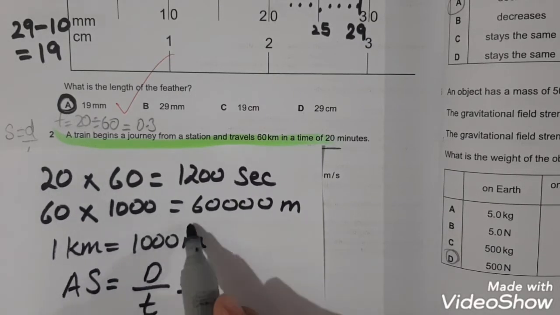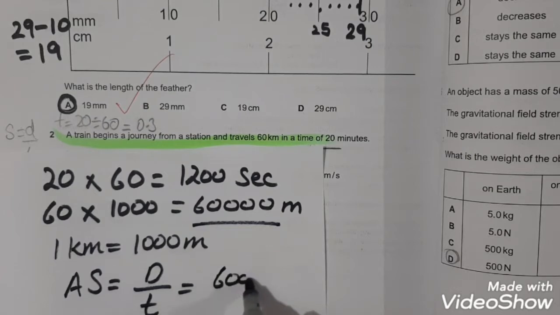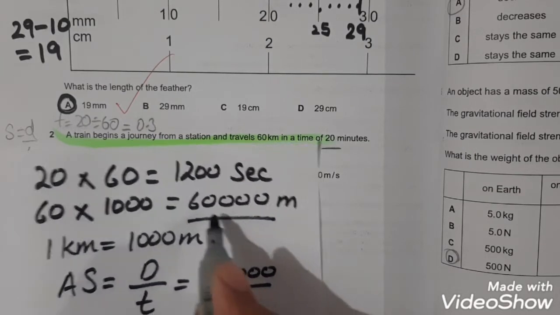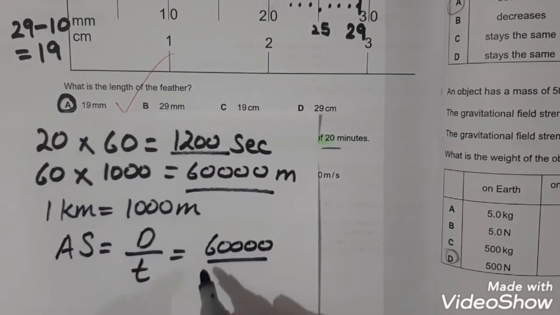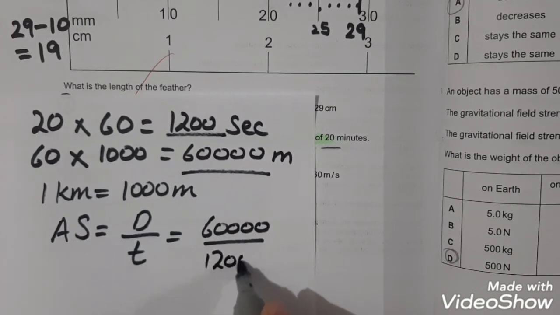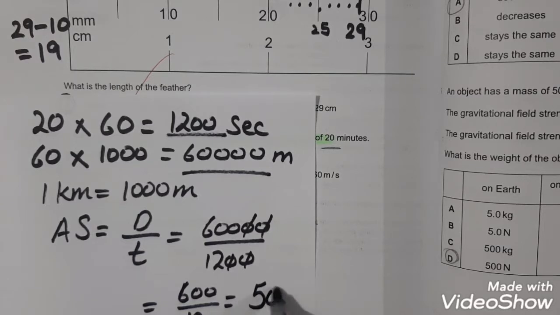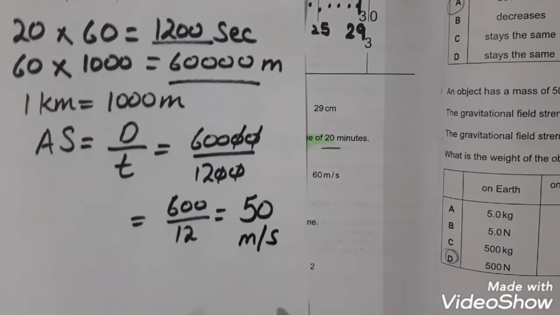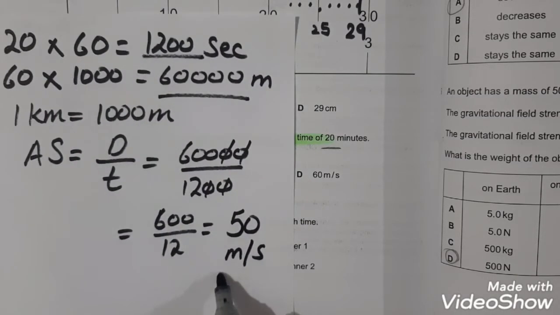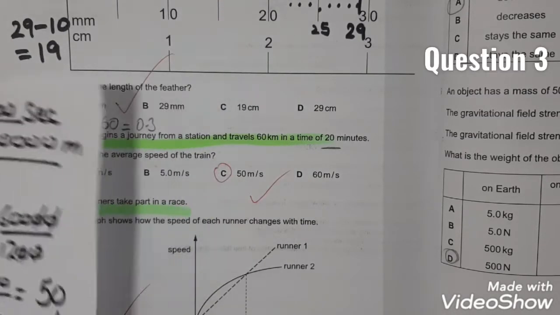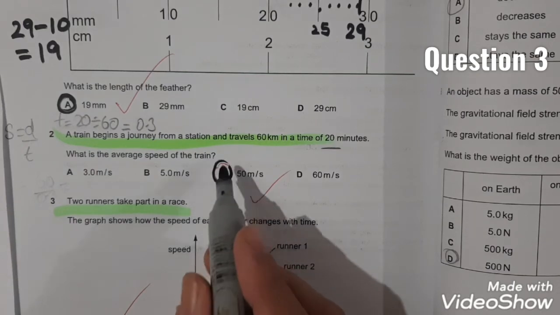So the value of distance is 60,000, so 60,000 divided by 1200 seconds. This will be 600 divided by 12, which will be 50 meters per second. So over here C will be the correct answer.